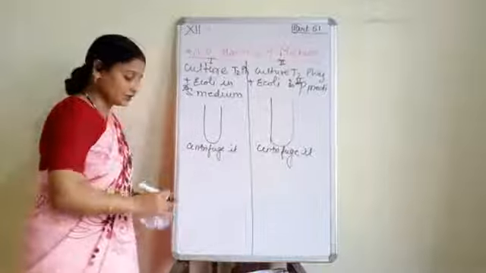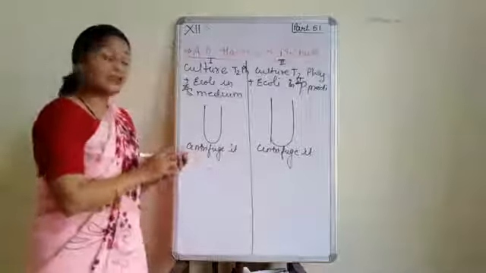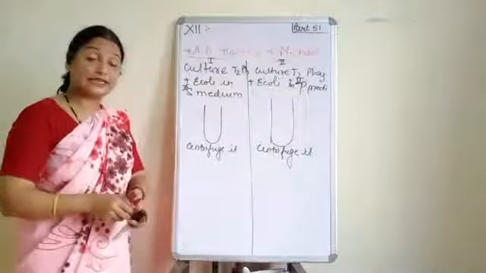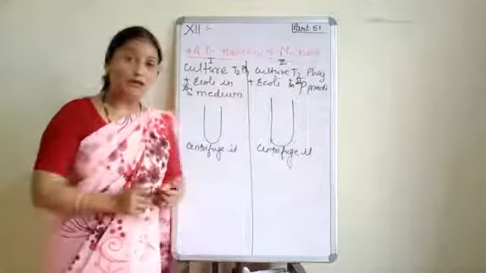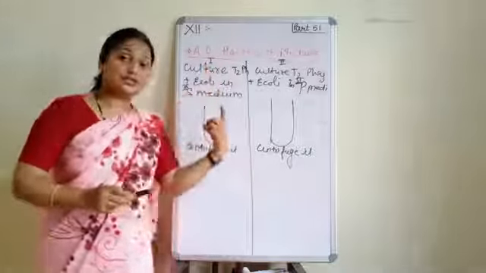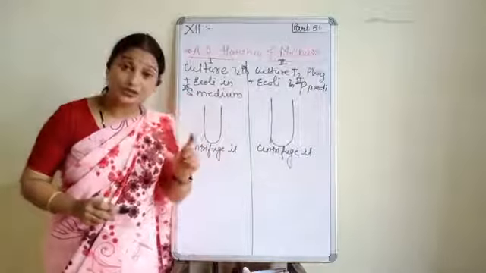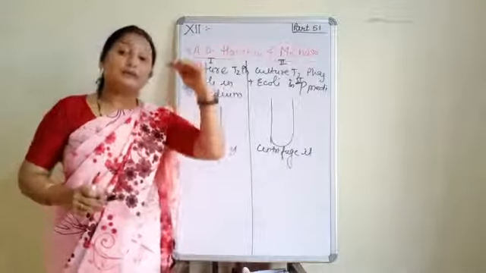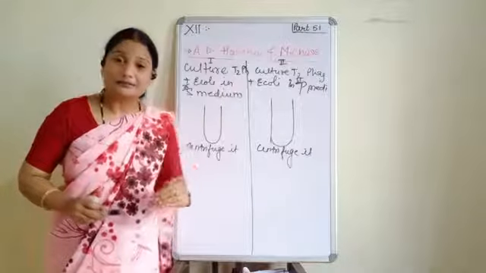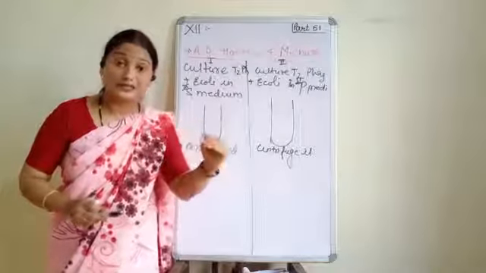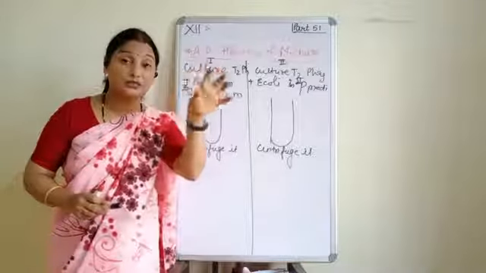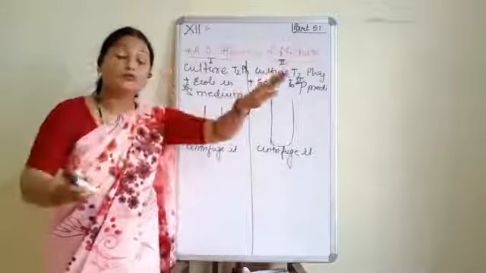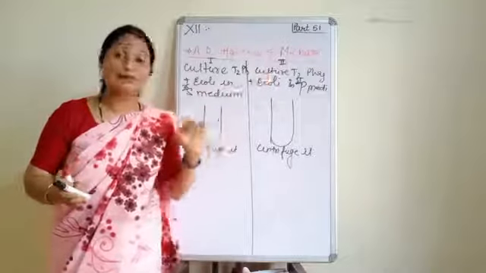Now see, we all know very well that adsorption had already taken place. Now, if we put them into the test tube and shake it, then being lighter, the capsid of the T2 phage will be removed from the surface of the bacteria.